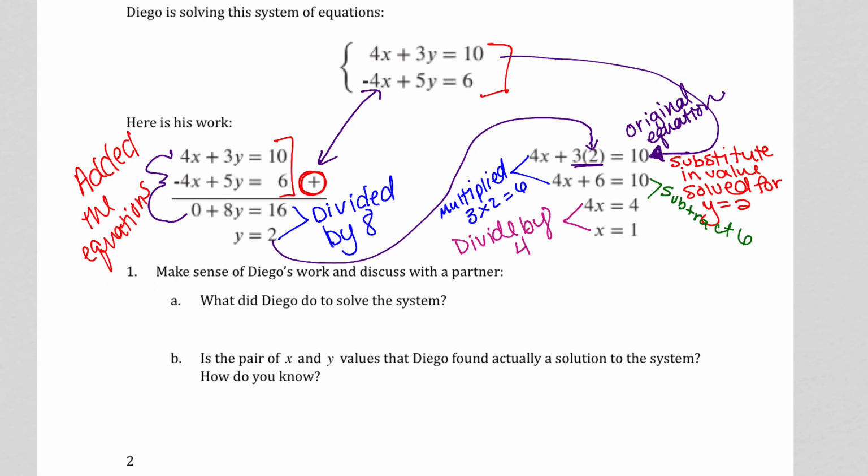All right, so we're supposed to make sense of Diego's work and discuss with a partner. We kind of already went through the work, but I want you to write down here what he did to solve the system.